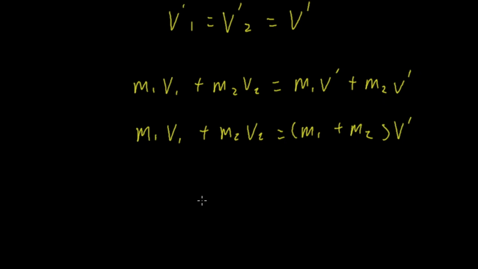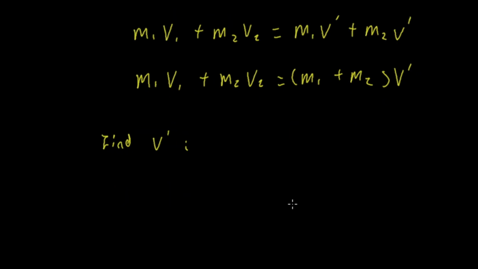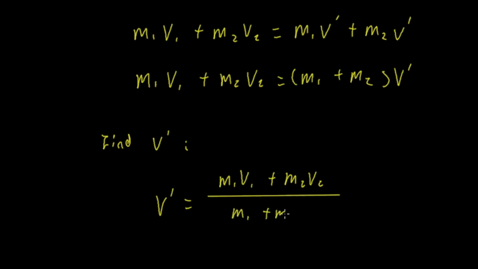Now, if you want to find the final velocity of the two objects moving together, just rearrange the equation. v prime is equal to m1 v1 plus m2 v2 divided by m1 plus m2. So that's complete inelastic collision.